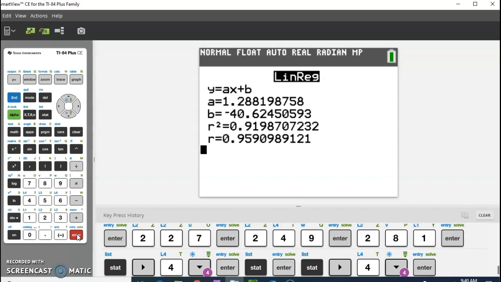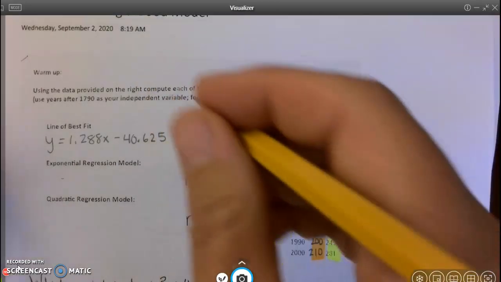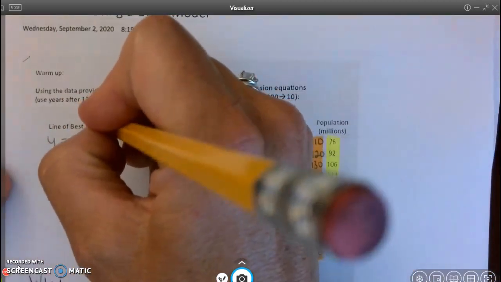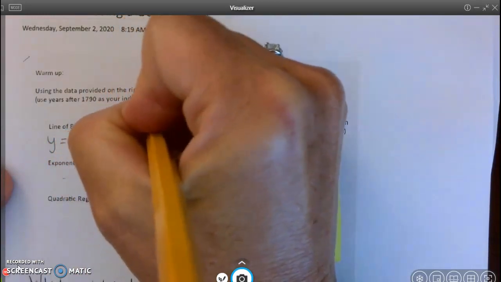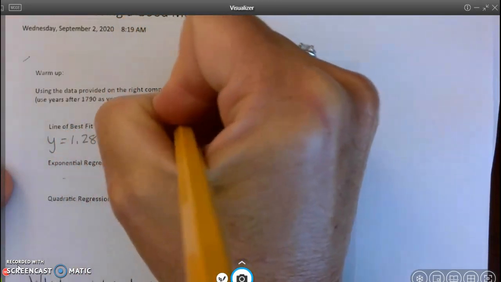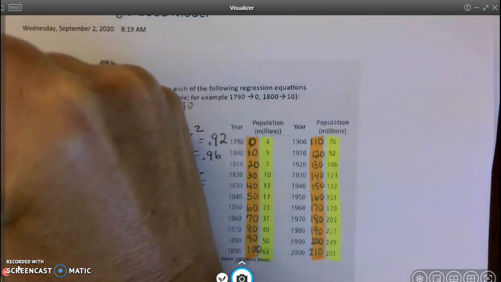So let's go back to our paper, make sure we've recorded everything correctly. All right, so notice I've labeled both the R and the R-squared value, like I told you, and I put my line of best fit. It is always good to just note that our X value is our years since 1790, and our Y value is our population in millions.